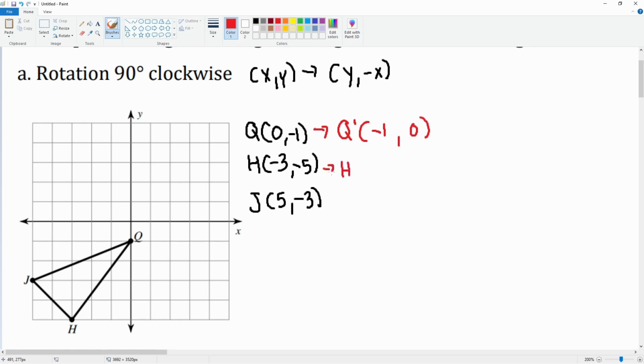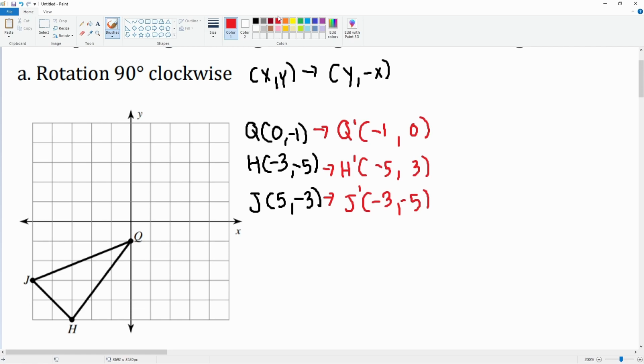H prime: we switch everything, so -5 comma -3, and the original x is now a positive, so that -3 becomes a +3. And then J prime: we switch spots, -3 comma 5, and originally the x was a 5, so now it becomes a -5.